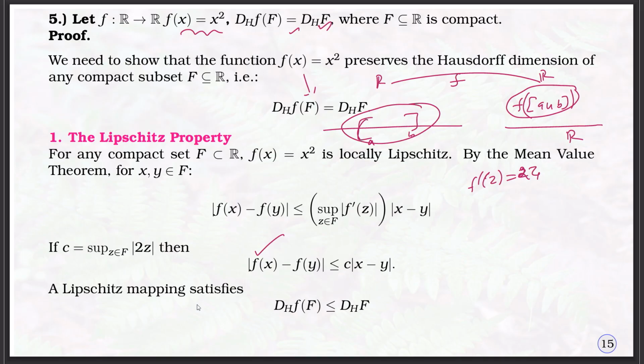As we already proved, if f is a Lipschitz mapping, then the Hausdorff dimension of f of E is less than or equal to the Hausdorff dimension of E. This is true. We can take this as the first one. Now, we need to prove the reverse inequality.